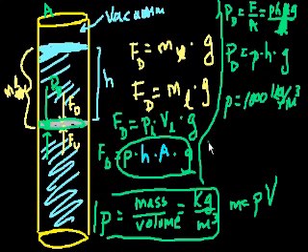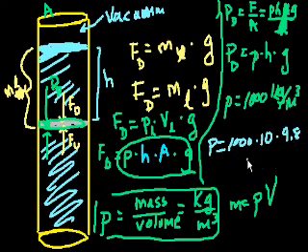What would be the pressure on me? So my pressure would equal the density of water, 1,000 kilograms per meter cubed. Make sure your units are right. But I'm running out of space, so I don't do the units. Times the height, 10 meters, times the gravitational acceleration, 9.8 meters per second squared. It's a good exercise for you to make sure the units work out.